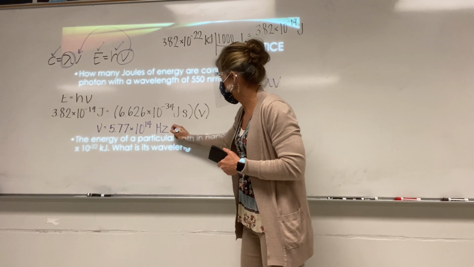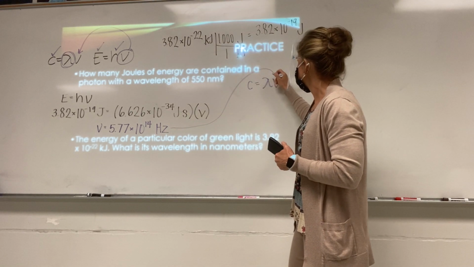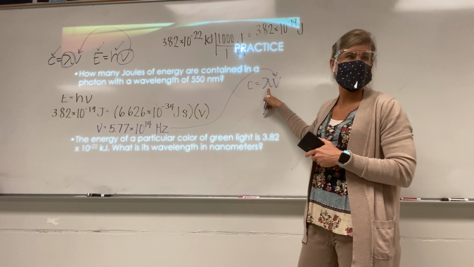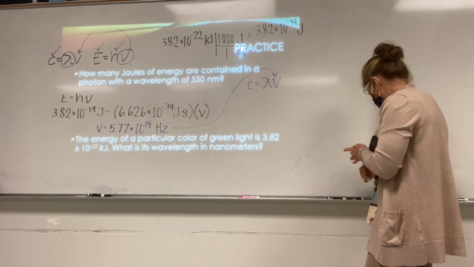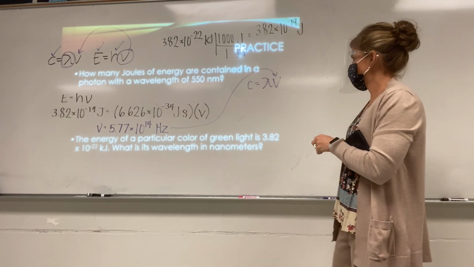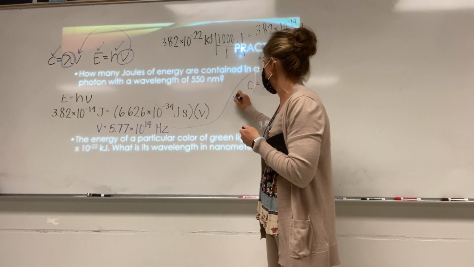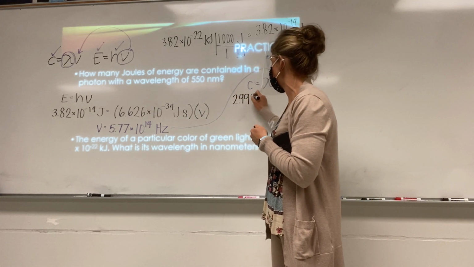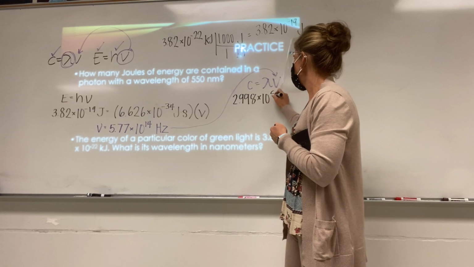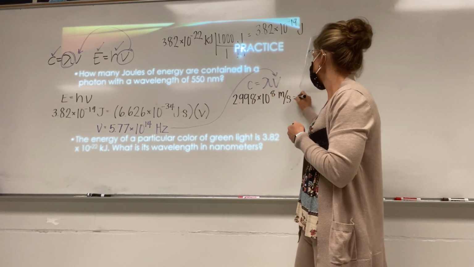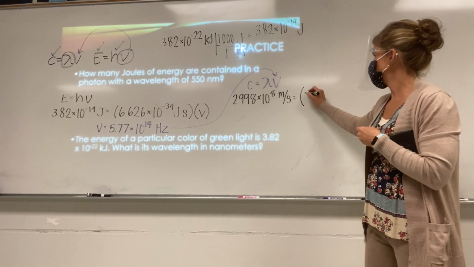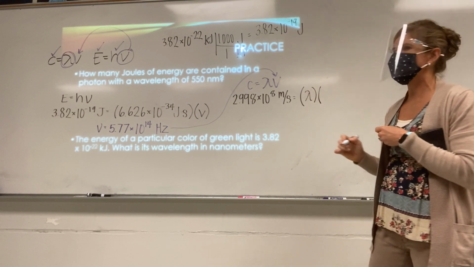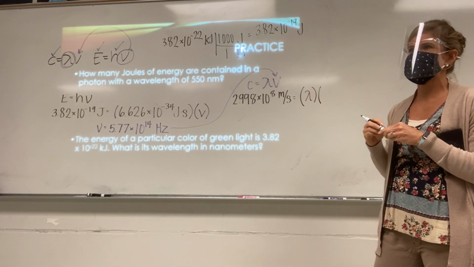I'm going to use my frequency to plug it in and solve for my wavelength. Y'all ready to do that? All right, so we're going to plug in our c. We know c, 2.998 times 10 to the 8th meters per second. I do not know wavelength. That's what I'm solving for, so I'll leave that as my variable.